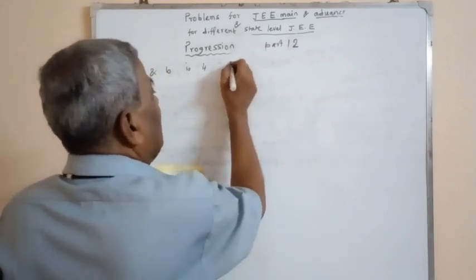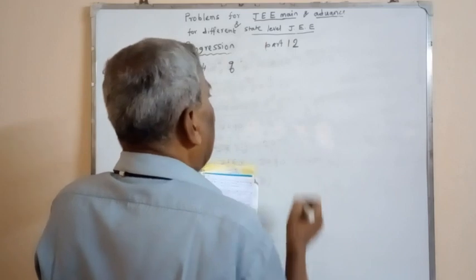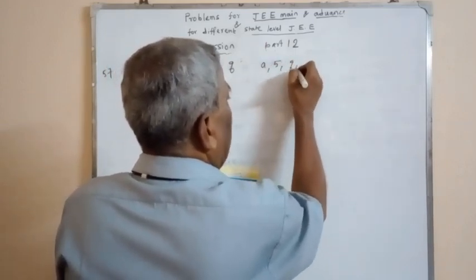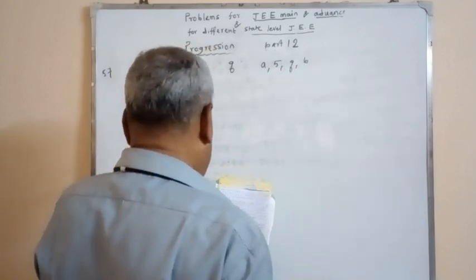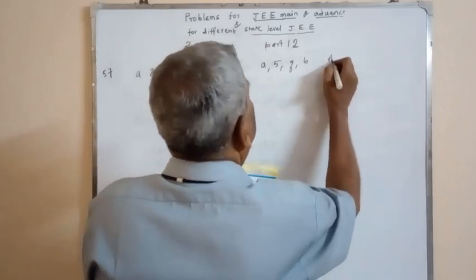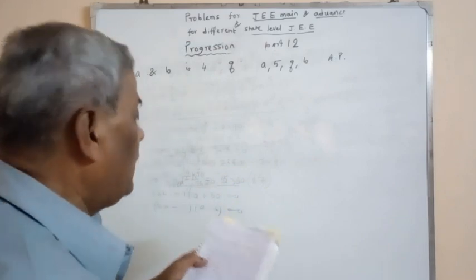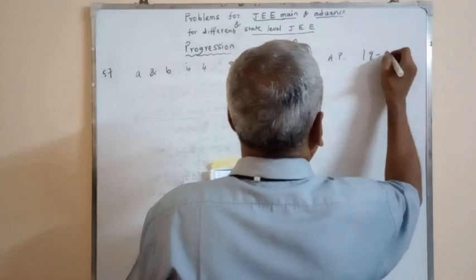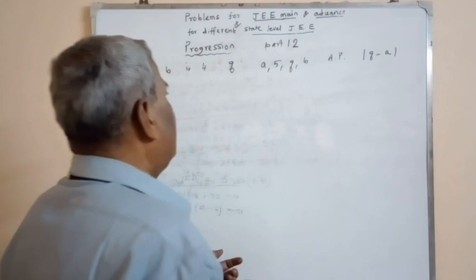Let q be another positive number such that a, 5, q and b are in AP. Then find the possible values of modulus of q minus a.